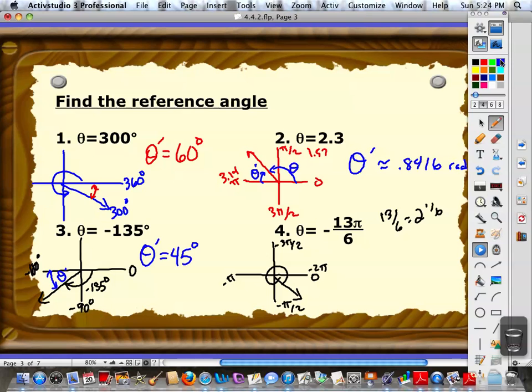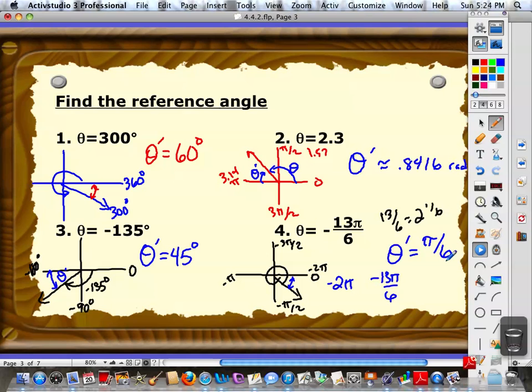So my reference angle again is between the x-axis and my terminal side, between negative 2 pi and negative 13 pi over 6. So theta prime ends up being pi over 6.